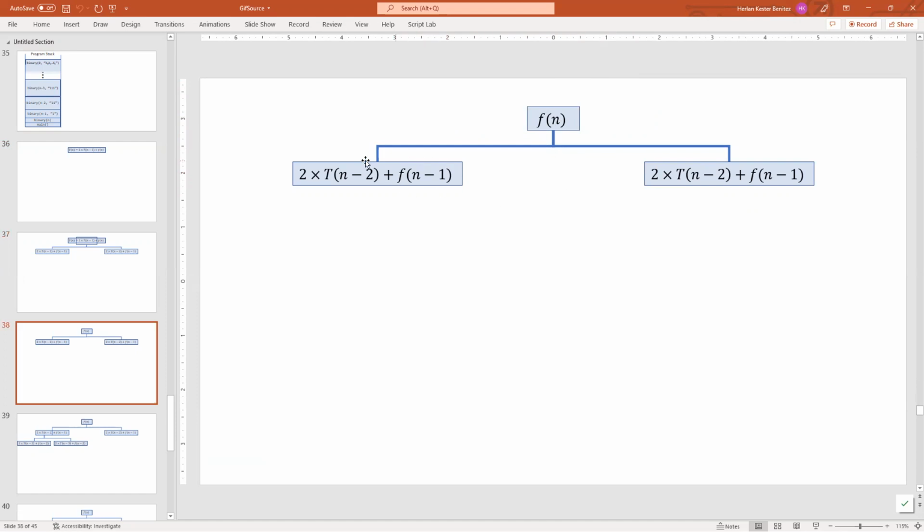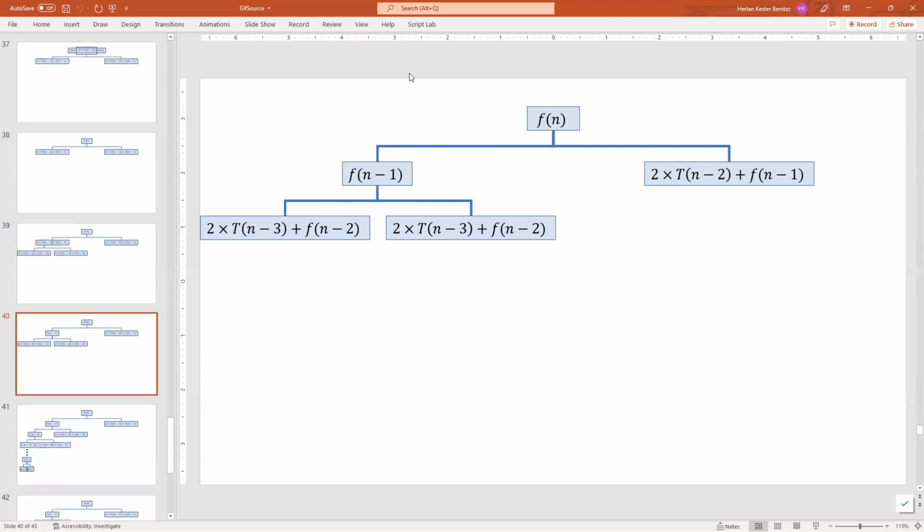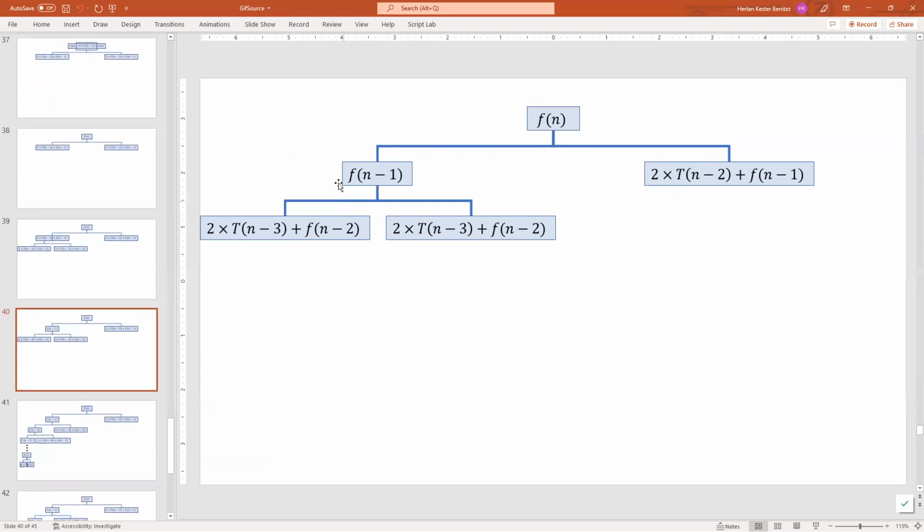Then for focus muna tayo dito sa isang side. So similarly, yung 2 times T of n minus 2 na to, pwede nating i-expand to 2 times T of n minus 3 plus f of n minus 2. Dalawa kasi sila, so dalawa din silang nandyan. And since ito is bababa dito sa level na to, ang matitira sa cell na to is si f of n minus 1.